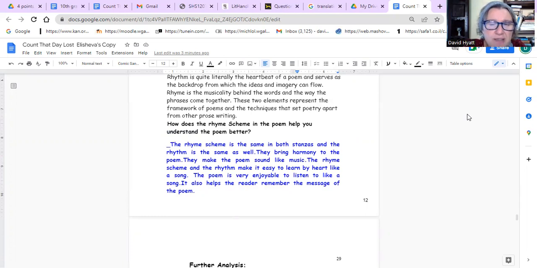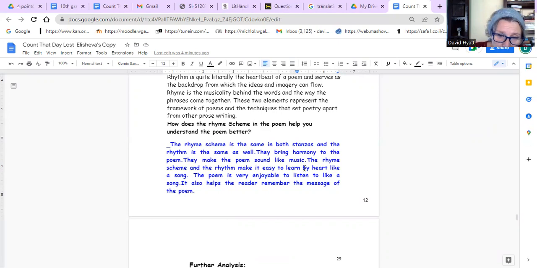The rhyme scheme is the same in both stanzas, and the rhythm is the same as well. שיטת חרוזים היא דומה בשני הבתים, וגם הקצב. אפילו ממש דומה מאוד. בכל זאת שהחרוזים שונים. They bring harmony, הם מביאים הרמוניה to the poem, לשירה. They make the poem sound like music, הם גורמים לשירה להישמע כמו מוזיקה.